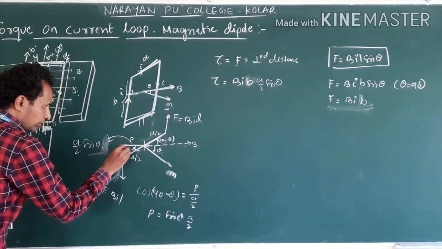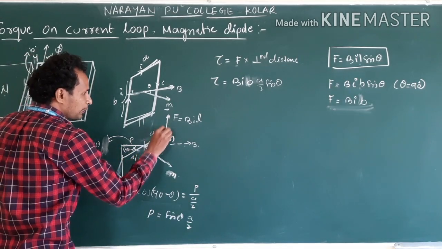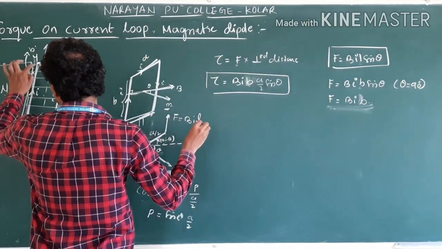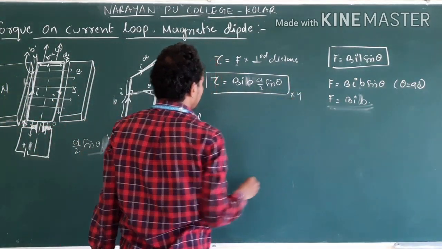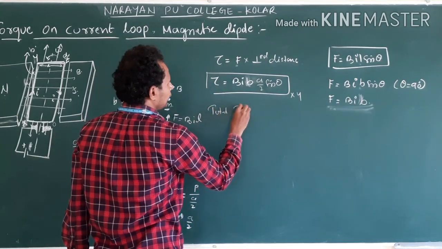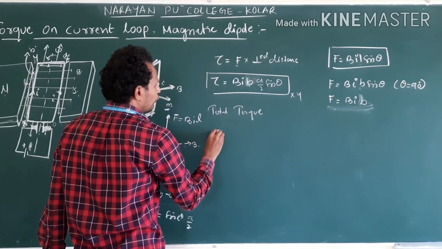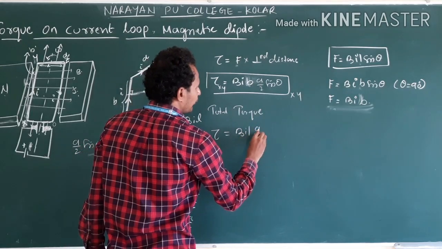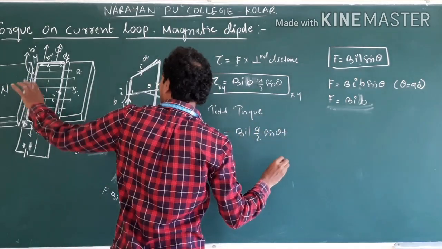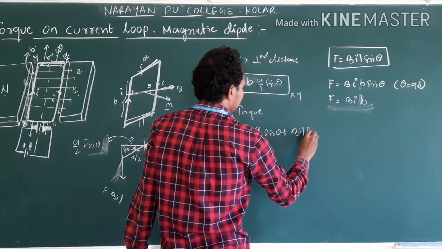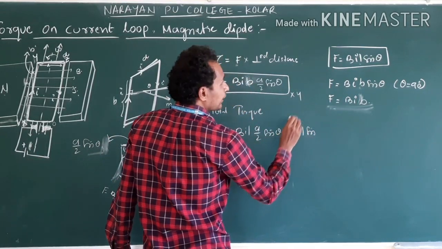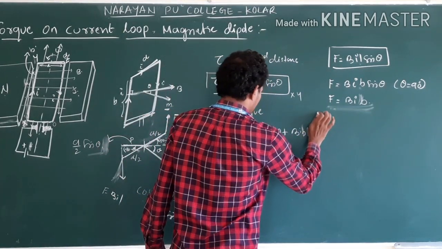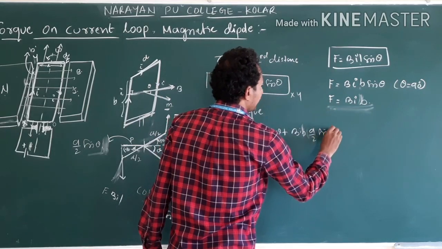This is the torque experienced by this conductor, and the torque experienced by this conductor. So you add them. This is only for the conductor XY. Now the total torque. Tau is equal to BIL into A by 2 sin theta for this conductor, and for this conductor it will be BIL. We are forgetting, this is BIL B, A by 2 sin theta.